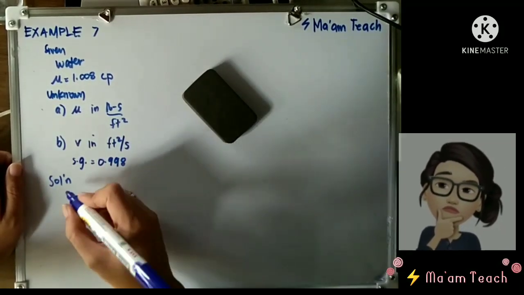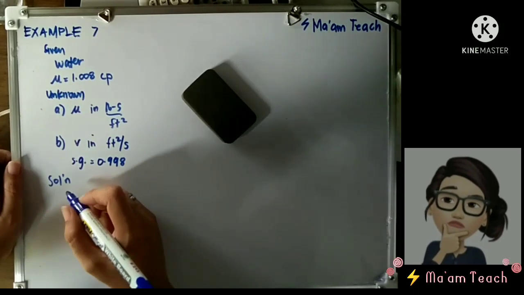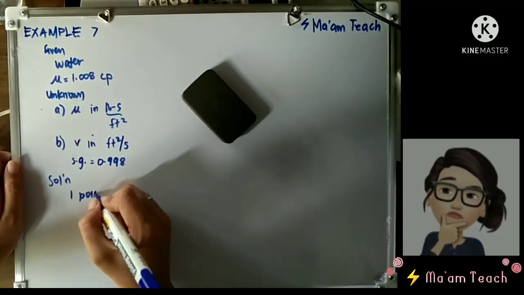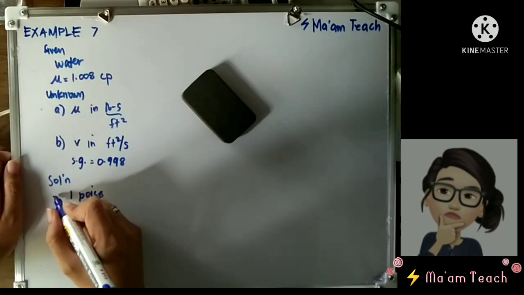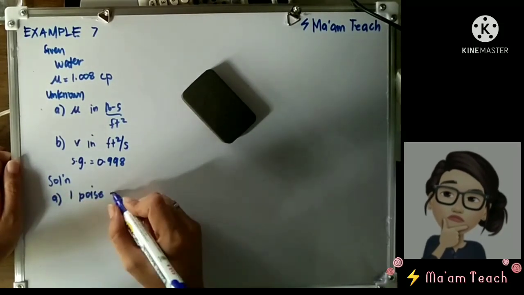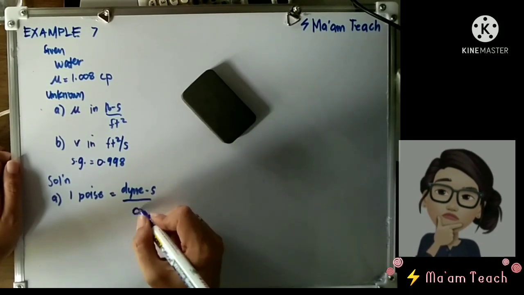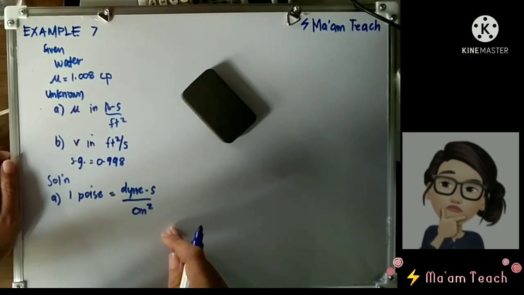Now, how are we going to solve for this, class? I haven't included this in your lecture, but for letter A, 1 poise is equivalent to dyne second per square centimeter.